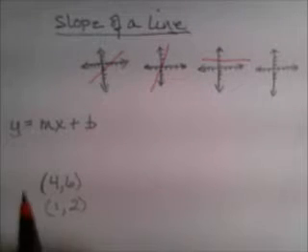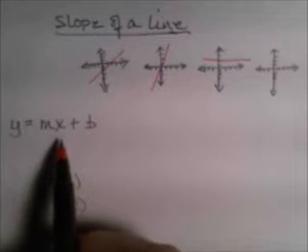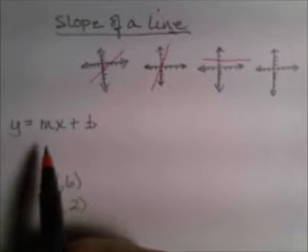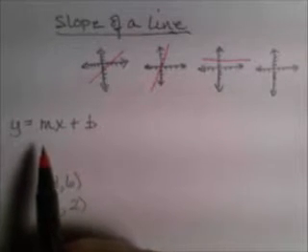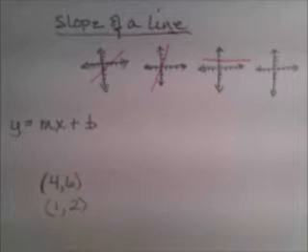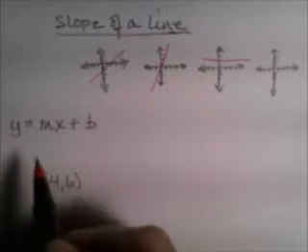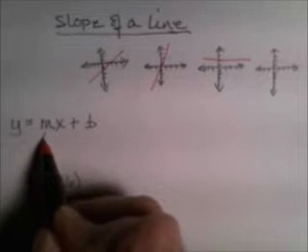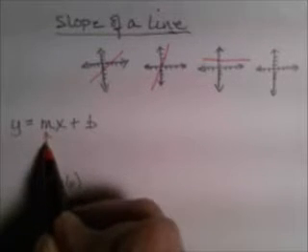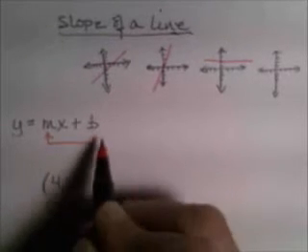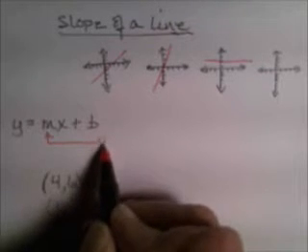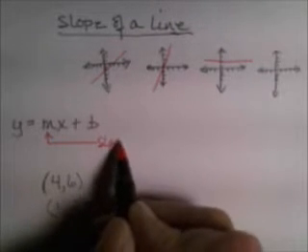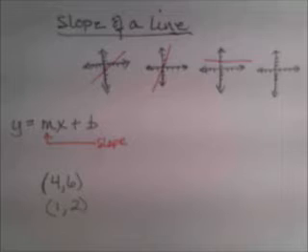Okay, so when we have y equals mx plus b, and we know that's called the slope-intercept form of the equation, this little coefficient on x right here, this letter m, represents the slope of a line. That's going to be where the slope is.